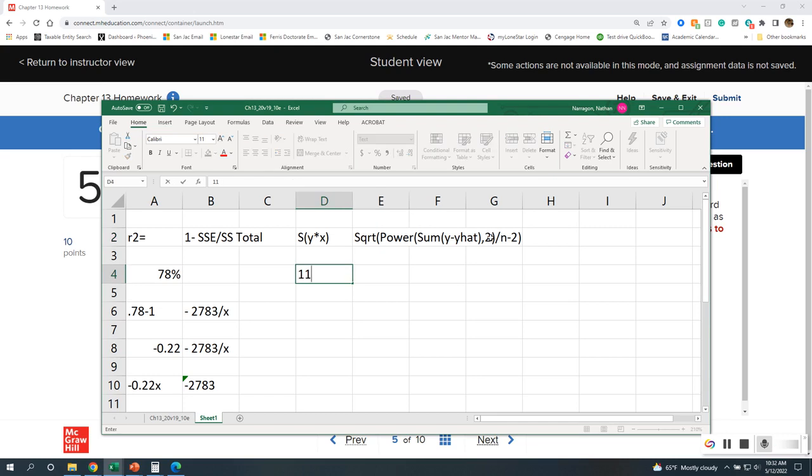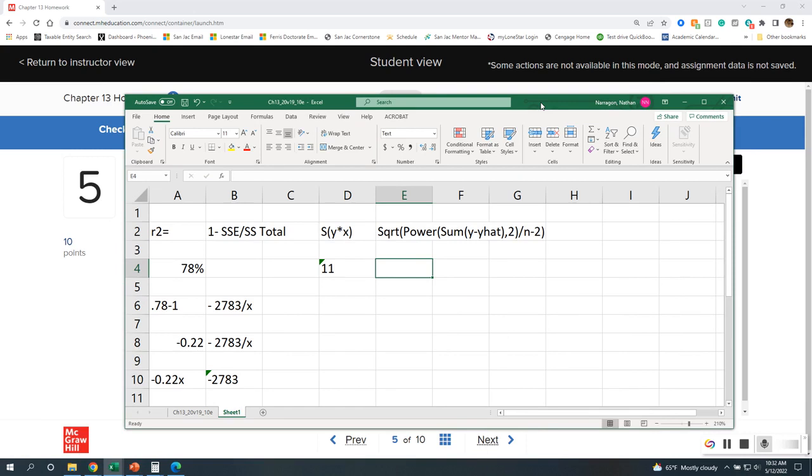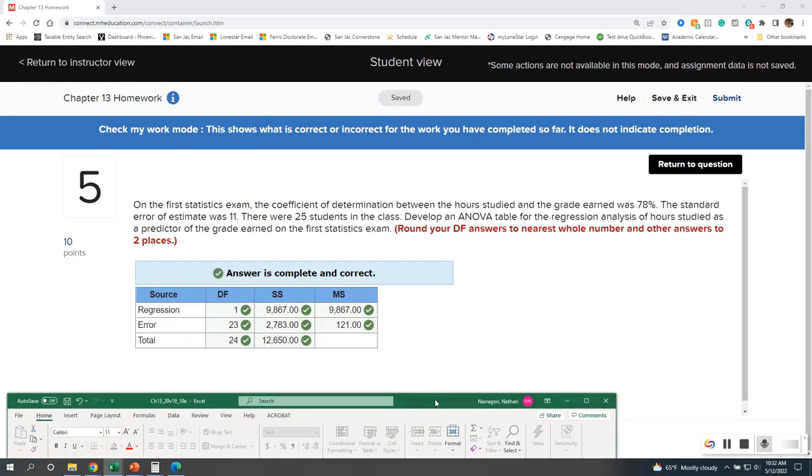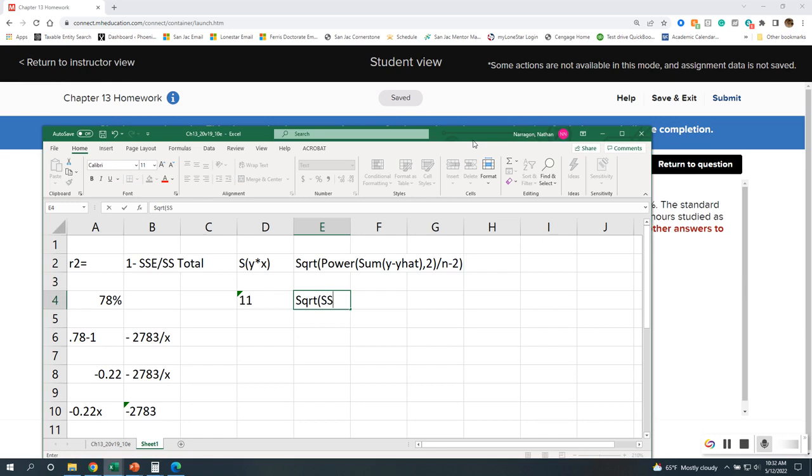For ours, we know this answer. This was 11. It was right there, the standard error of estimate. We know it's going to be the square root of our SSE divided by 23.